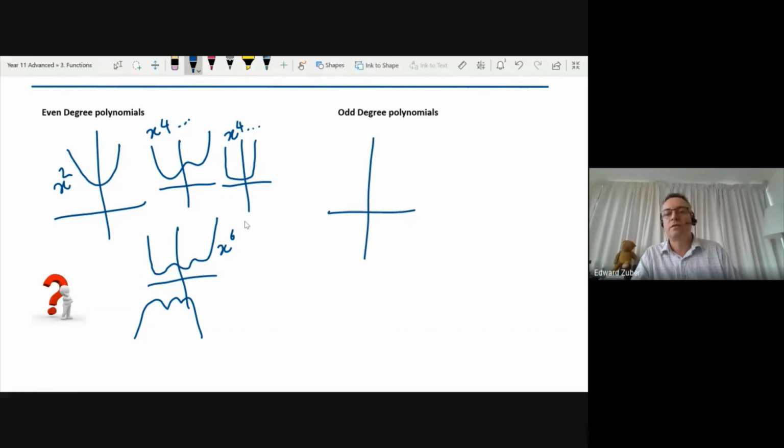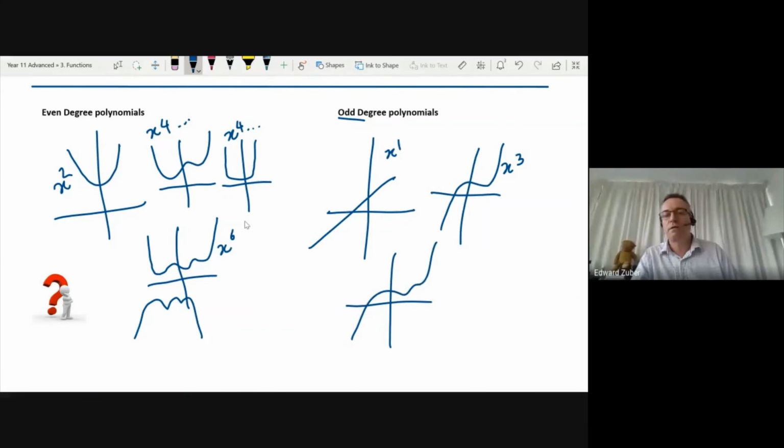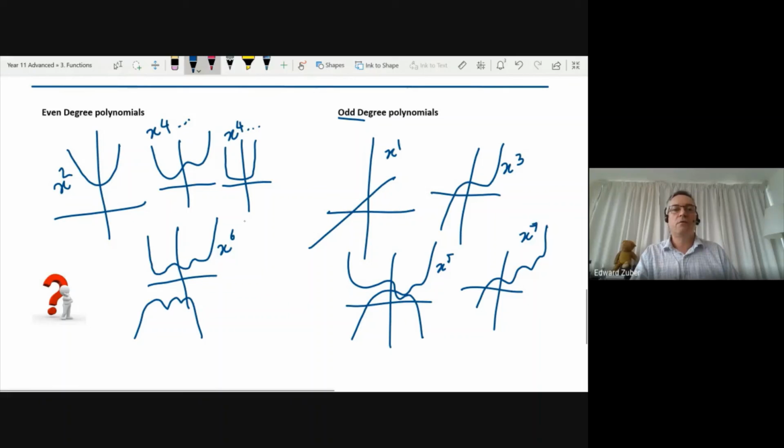Whereas with the odd degree polynomials, there's x to the 1. This is odd degrees. X cubed. X to the 5th. And x to the 7th. We could have them going down like that. They have quite a different shape.